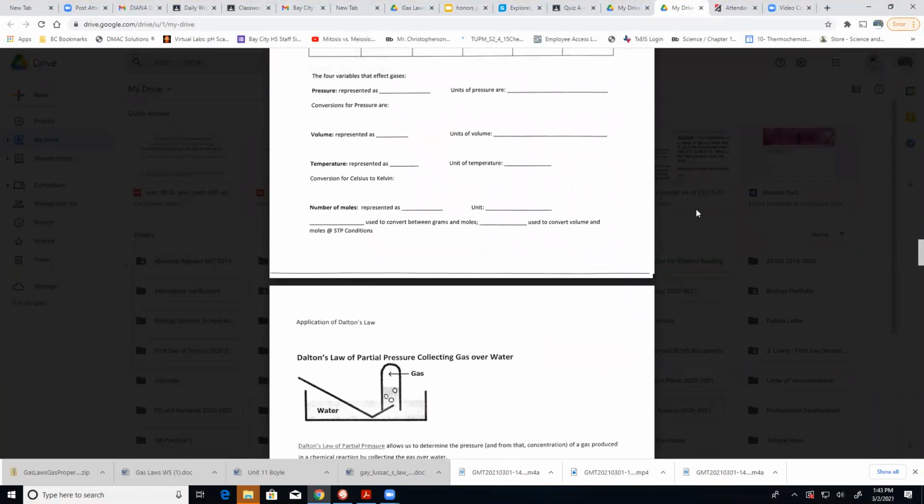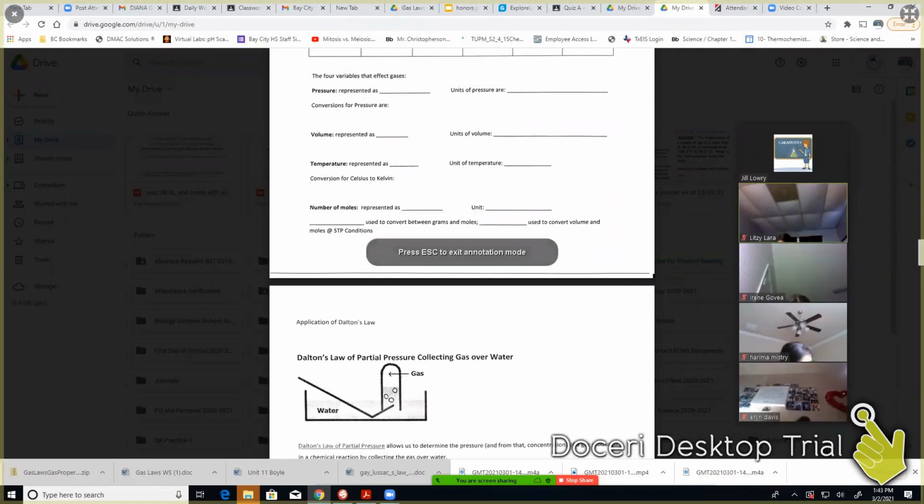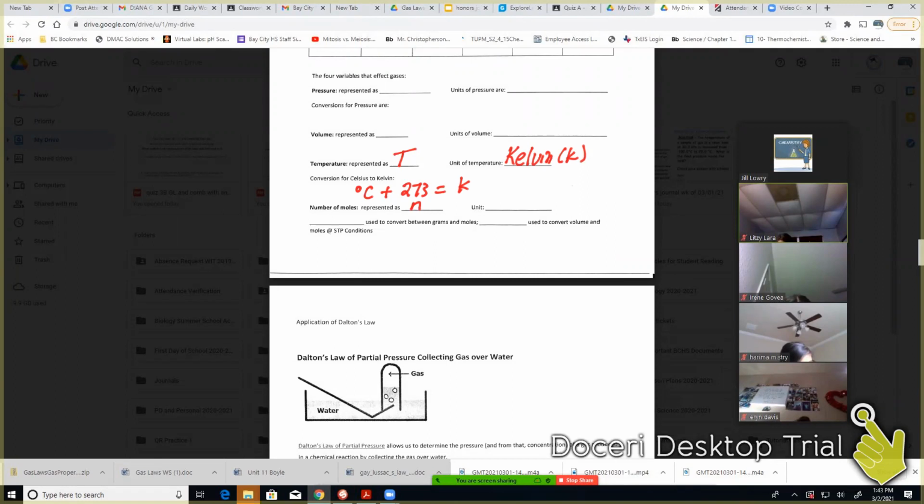So we were at temperature. Temperature is represented by a T, and our units are Kelvin. And to get to Kelvin, we just take our degrees Celsius and add 273. And then our number of moles is represented with a little n.